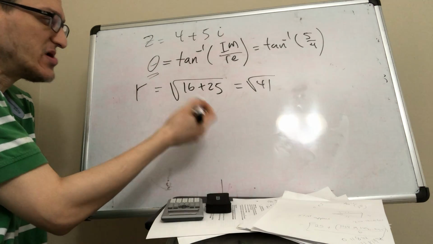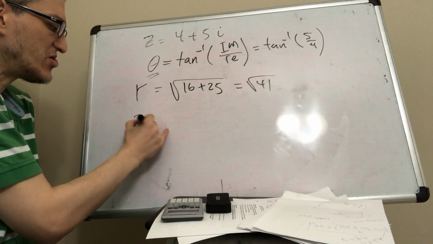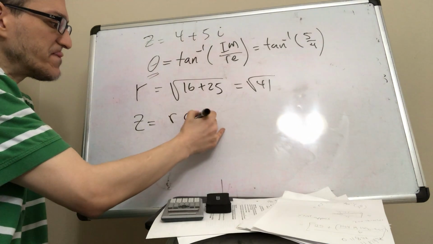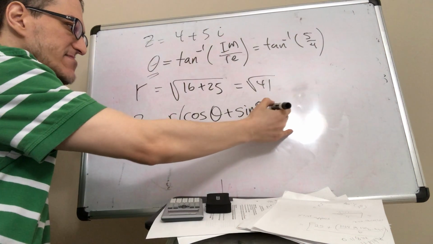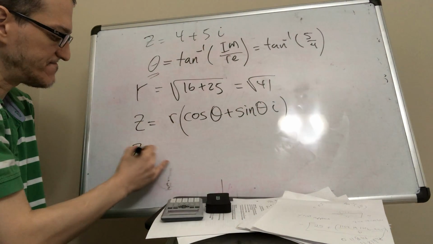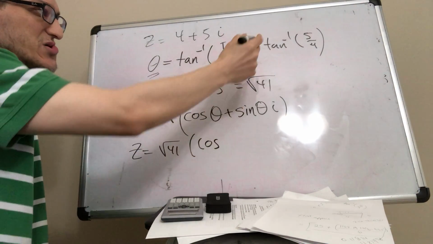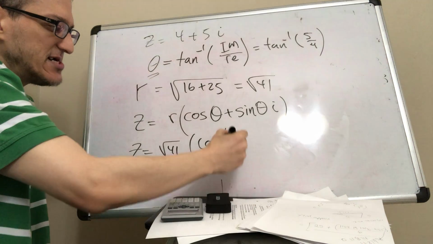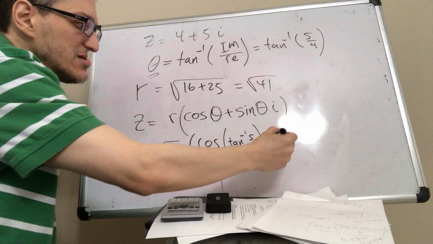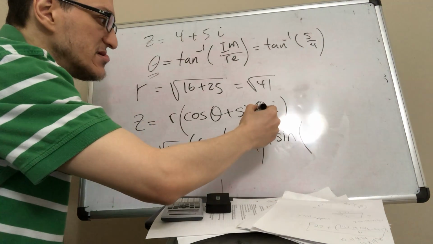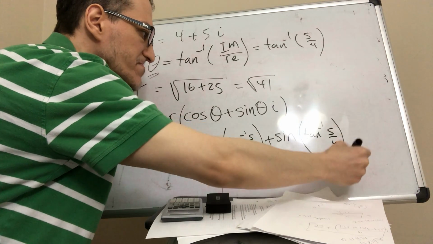Now, if you want to do it in polar, I told you, the polar form of this will be R cosine theta plus sine theta I. So root 41 cosine, since we don't know, or theta is bad, we say it's tan inverse of 5 over 4. Sine, instead of theta, we say tan inverse 5 over 4 times I.